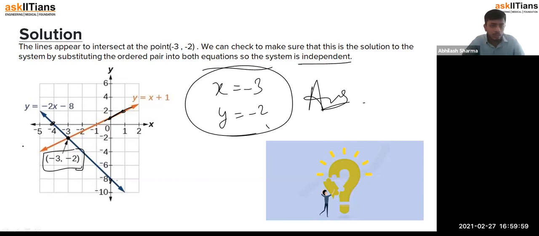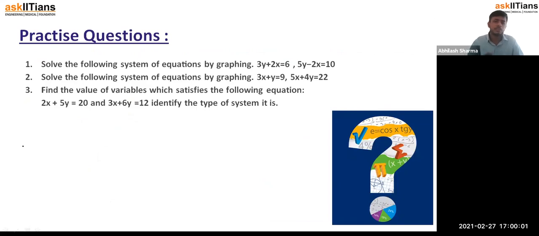Okay. Now, let us have a look at some of these good practice questions. So we have these two equations, right? And this also. Let us solve the third question. It seems interesting because we also have to identify the type of system, right? So there are multiple ways, right?